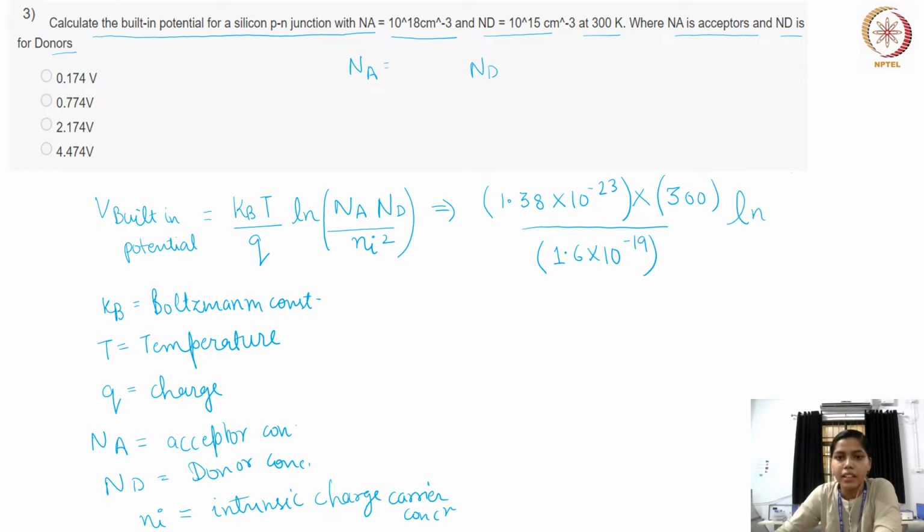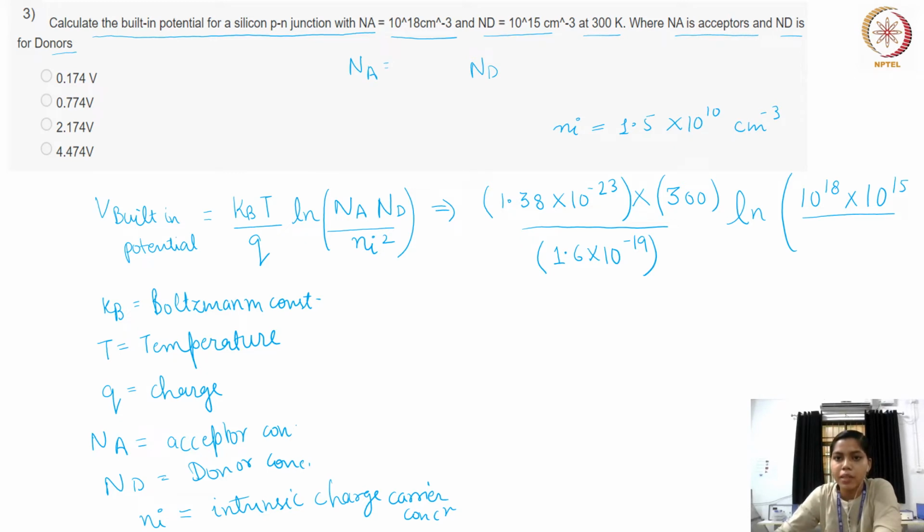And ln of Na, 10 raised to the power 18, multiplied by Nd, 10 raised to the power 15, divided by Ni. Always remember the intrinsic charge carrier concentration is 1.5 into 10 raised to the power 10 per cm cube.